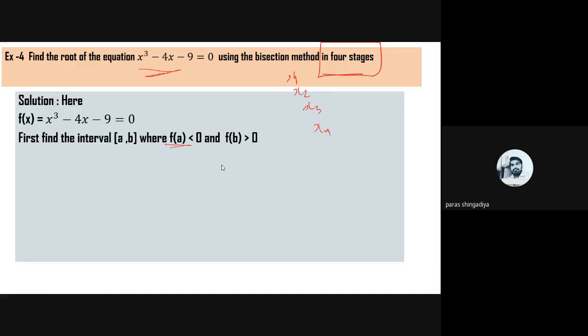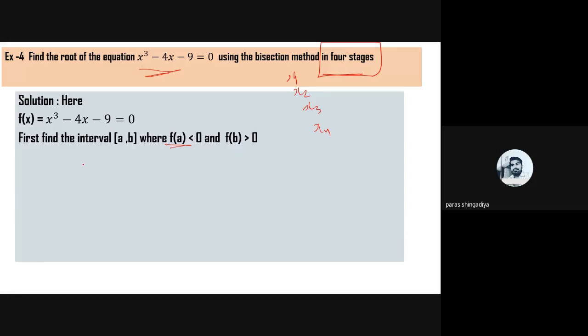Which value can we consider as a and which value can we consider as b? Okay, a as 1 and b as 3. That is correct.